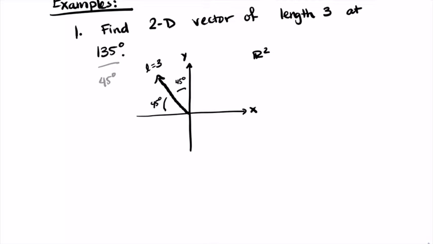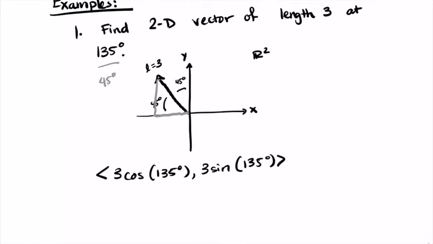I should get 3 cosine of 135 degrees, 3 sine of 135 degrees. Now, let's recall how we figure out what sine and cosine are using just the stuff we learn about the unit circle. If this is 45 degrees, then I'm thinking about a special triangle that we think of as 1, 1, and square root of 2.